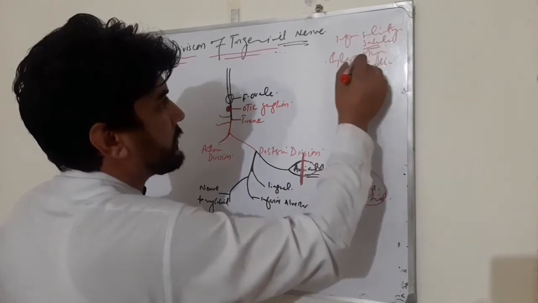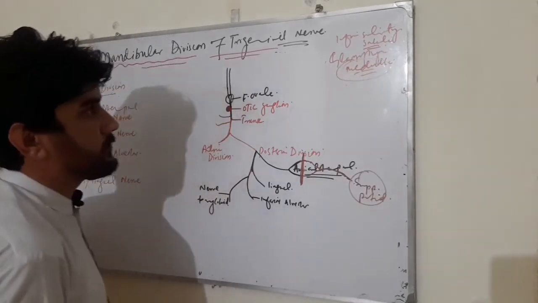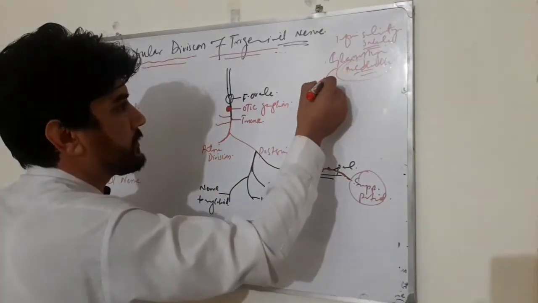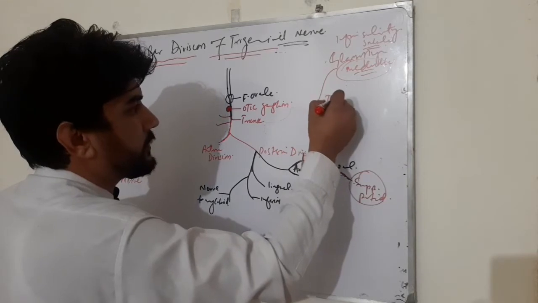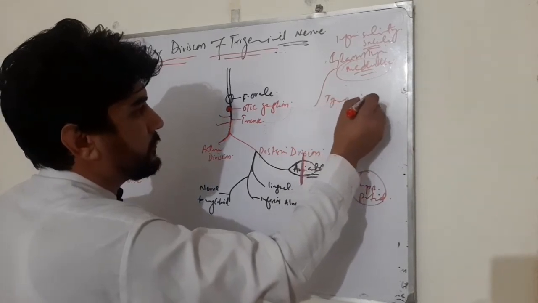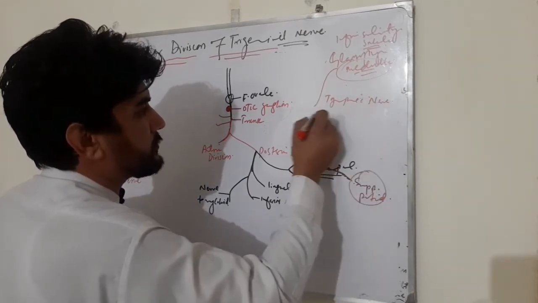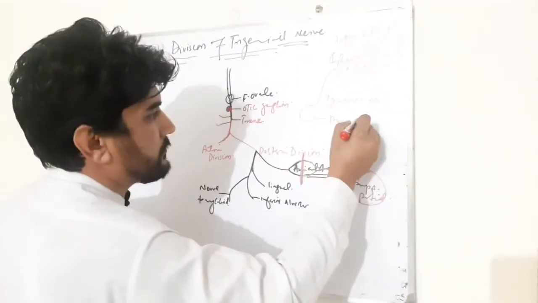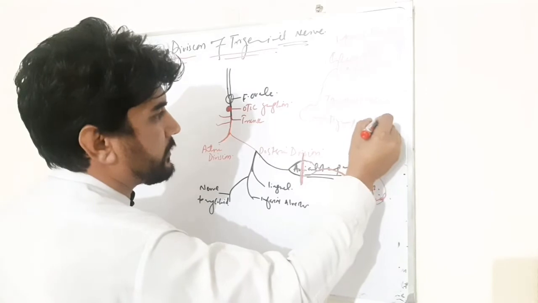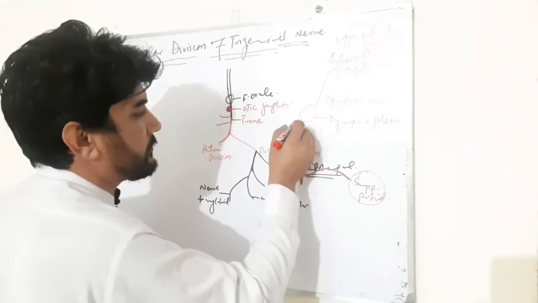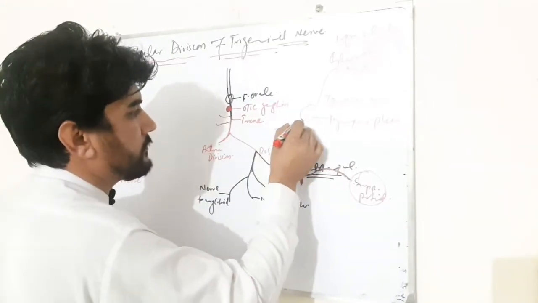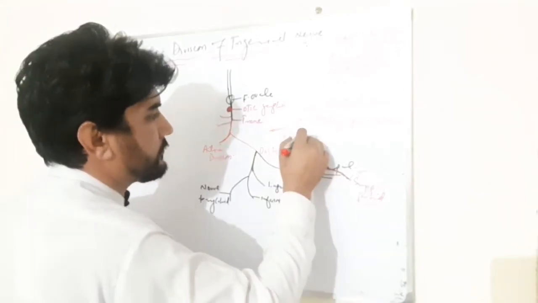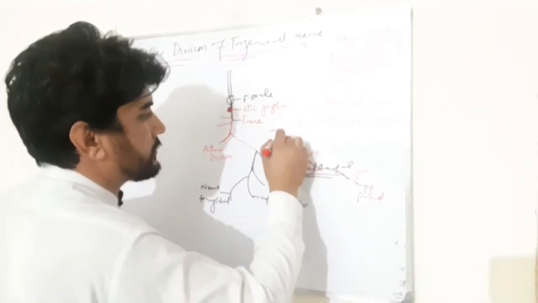When the inferior salivary nucleus is stimulated, parasympathetic supply goes through the tympanic nerve, which anastomoses to form a tympanic plexus. From this tympanic plexus, a nerve arises which is called the lesser petrosal nerve.